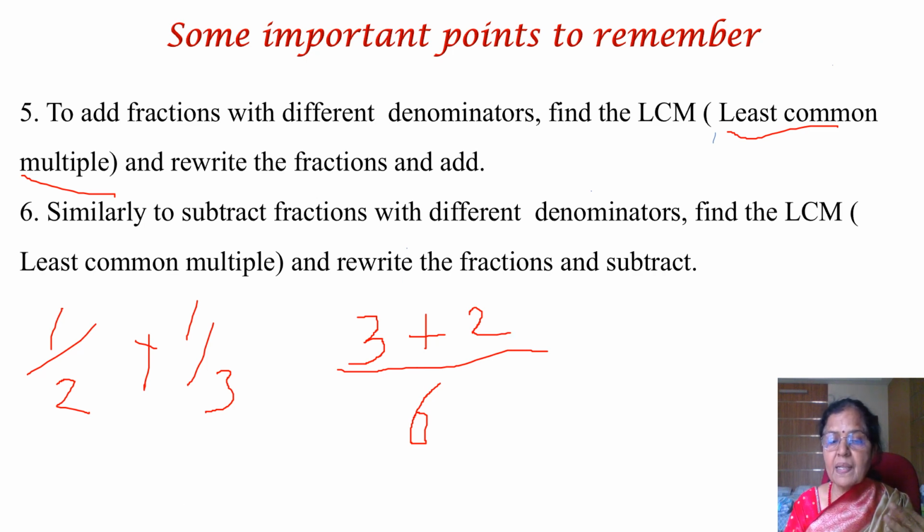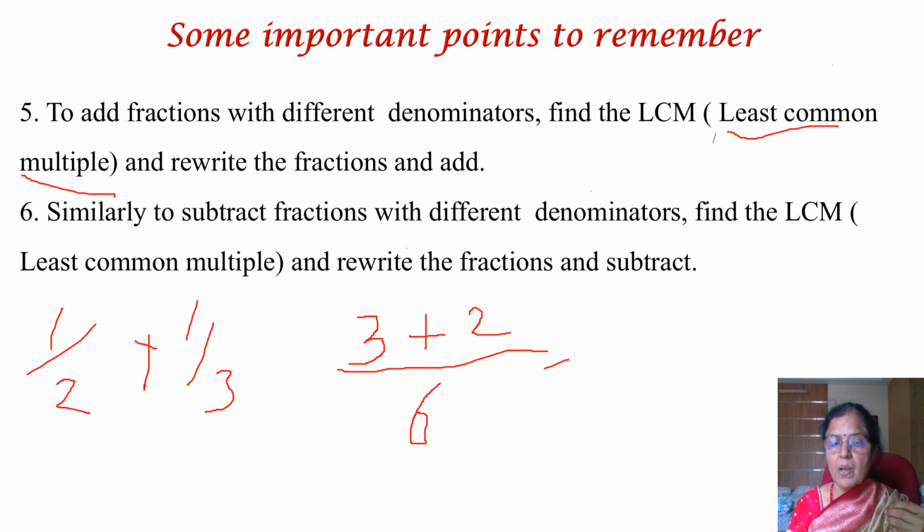So we are rewriting the fractions here. 1 by 2 is equivalent to 3 by 6, and 1 by 3 is equivalent to 2 by 6. Now we have the common denominator 6, and you add 3 parts by 6 and 2 parts by 6.